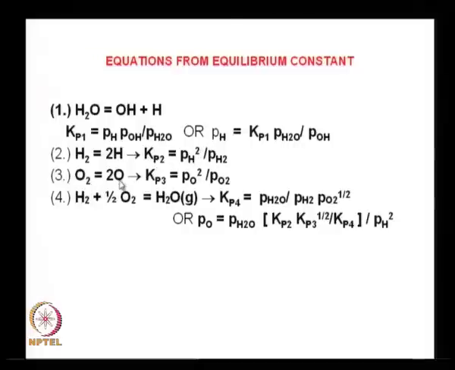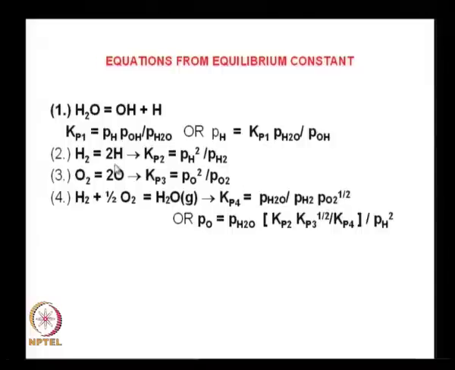If I consider O2 going to 2O, Kp3 comes as PO squared, because I have 2O here, divided by PO2. And if I consider hydrogen and oxygen giving me steam, H2O as gas, I get Kp4 for this reaction as equal to pH2O divided by pH2 and PO2 to the power half.